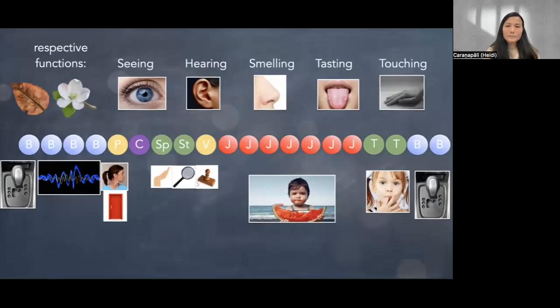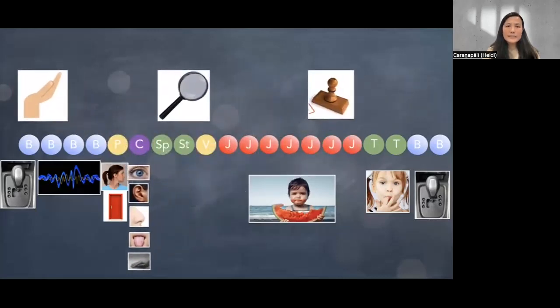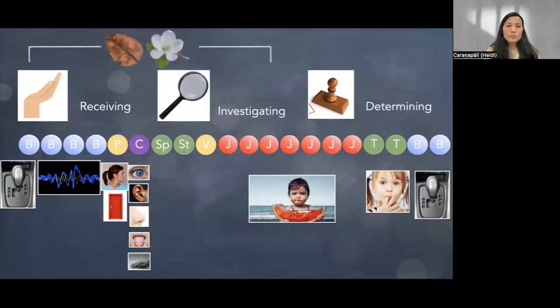Then after that, we have receiving, investigating, and determining. These three are also different types of functions performed by cittas. The receiving and investigating consciousness are rootless resultant consciousness, either wholesome or unwholesome.